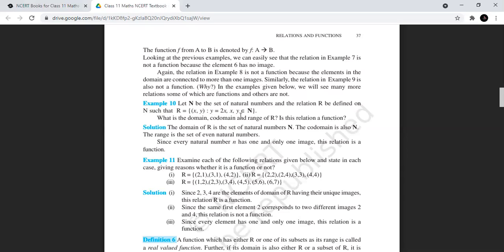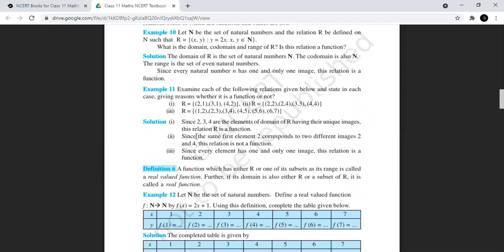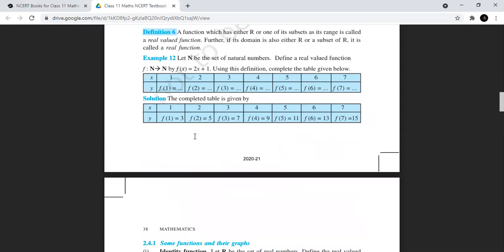So your range will be even numbers, and range has to be a subset of codomain. Not necessarily a proper subset, it can also be exactly equal to codomain. At times codomain and range are equal, but need not be every time. Like in this case, your range is coming as even natural numbers. Okay, so the rest of the examples you can go through, and hopefully you will understand.